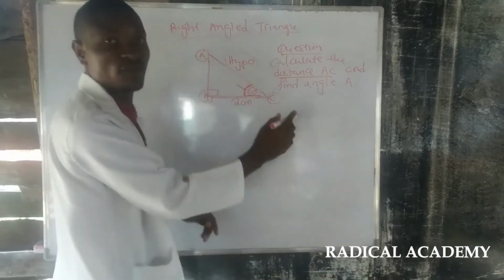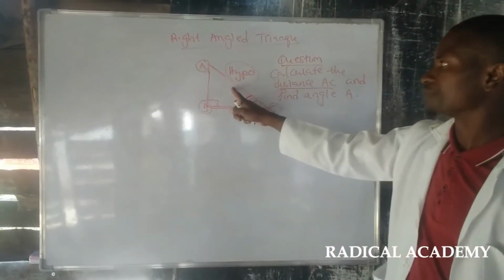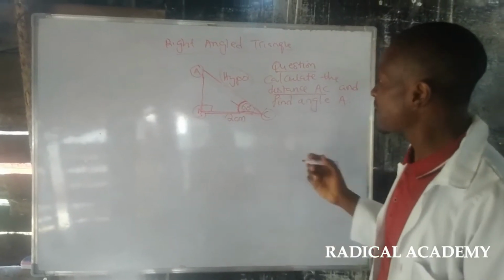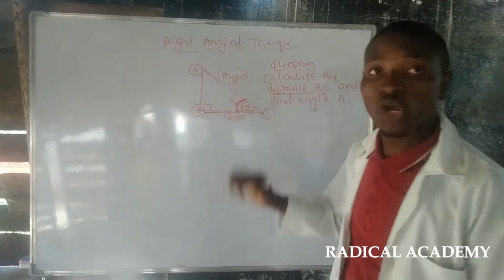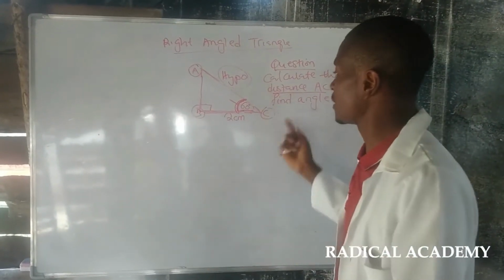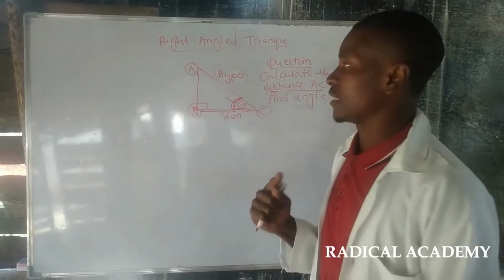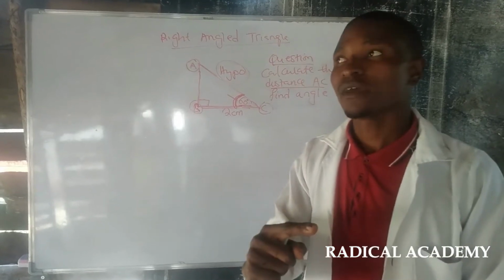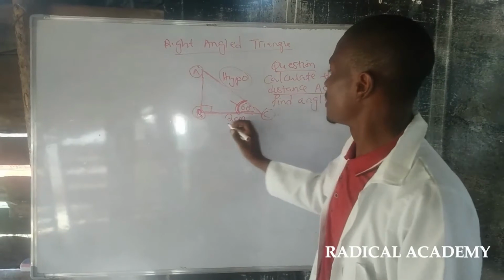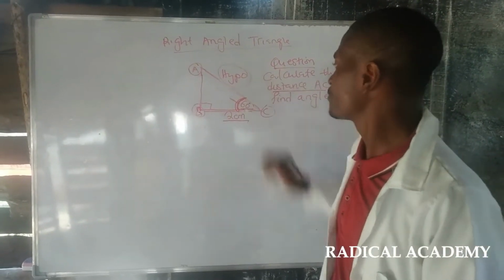As you can see in the diagram, this distance AC is the longest side, therefore it is the hypotenuse, and I've been given an angle which is 60 degrees. The first idea is to understand what you have been given. So I've been given 2 centimeters as well as 60 degrees.